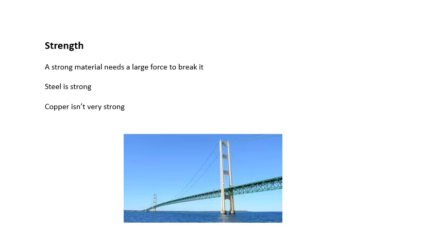One of the reasons you wouldn't make them out of copper is because copper isn't very strong, so copper cables would possibly break. So strength is resistance to breaking. A strong material needs a large force to break it.